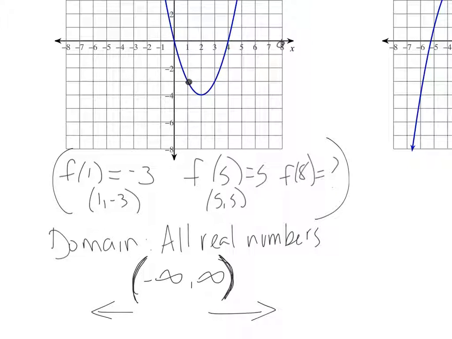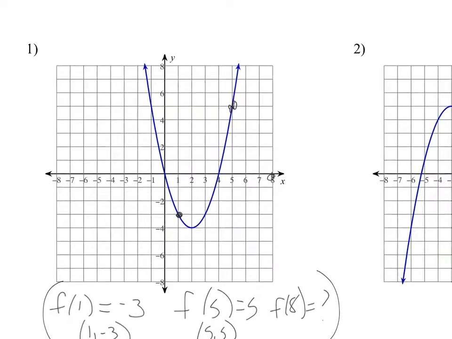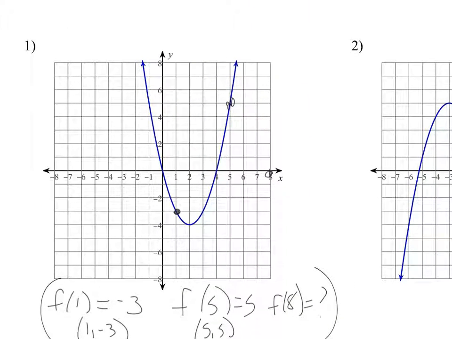So then we look for the range. If we look up here, what are the y values that work? So if you look here, there's no graph down here at all. So these y values don't exist in the graph. Remember we look at the y-axis for the range.